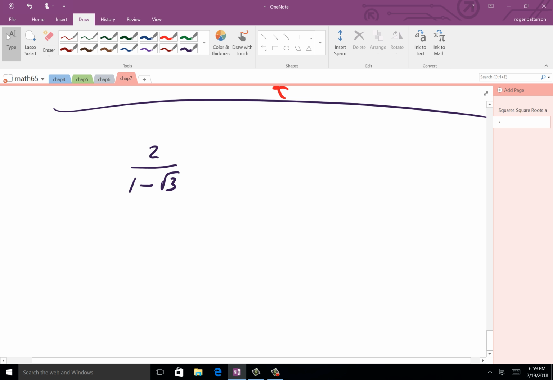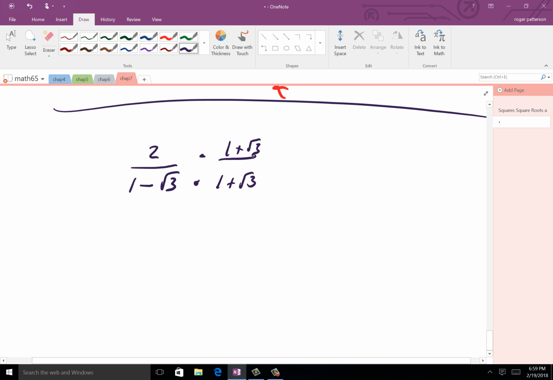Okay, so here's an example of where we're going to use that conjugate. Okay, so when you're going to rationalize here, what's the conjugate of that 1 minus square root of 3? Yeah, 1 plus the square root of 3, good.